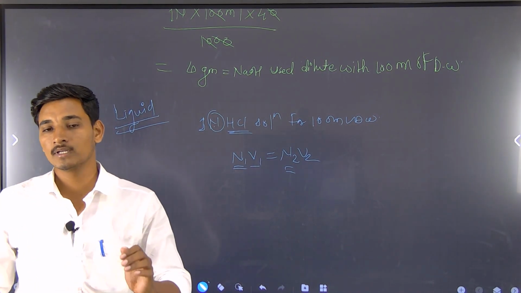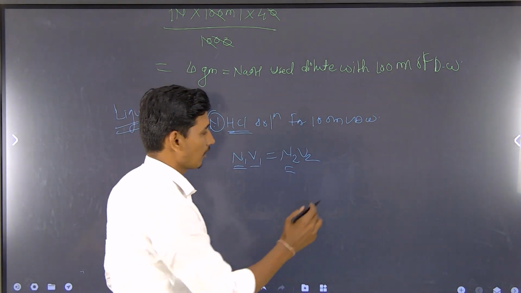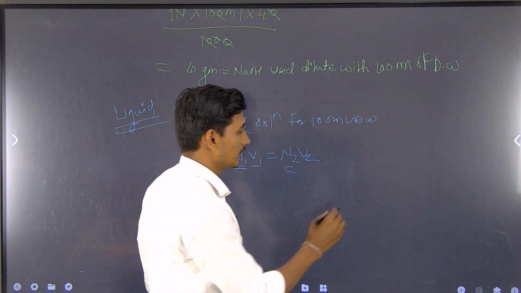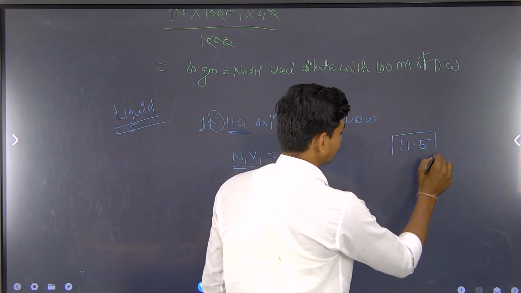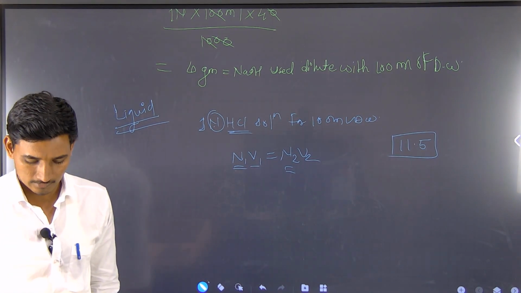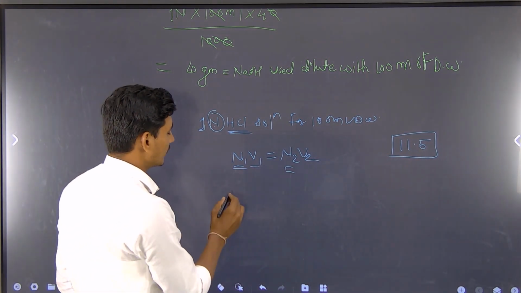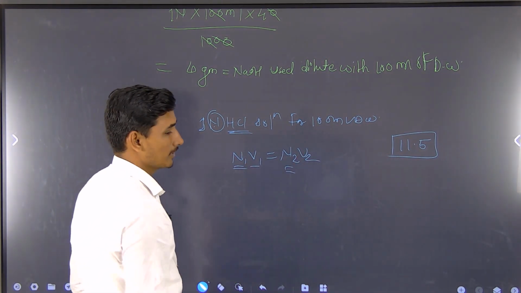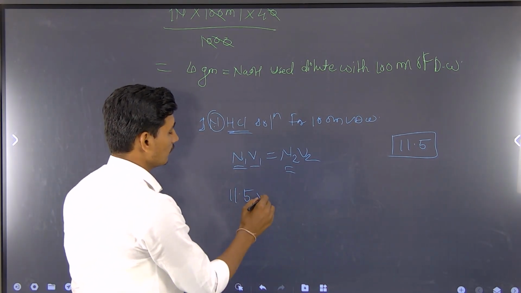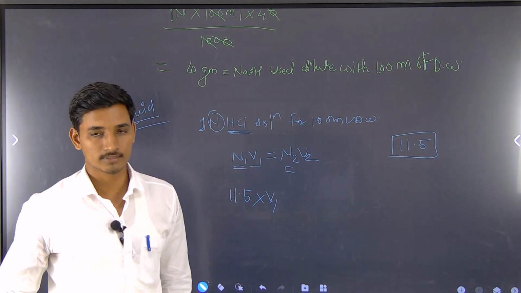So the normality of HCl, sorry, not the equivalent weight, is about 11.5 in a general concentrated HCl solution. Here we put this as N1, the normality of the HCl. Taking 11.5, we find the volume required to prepare one normal HCl solution.